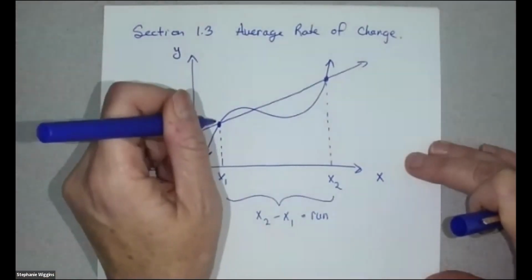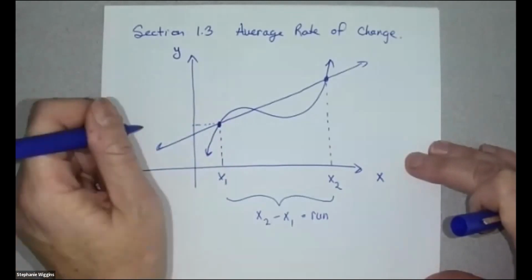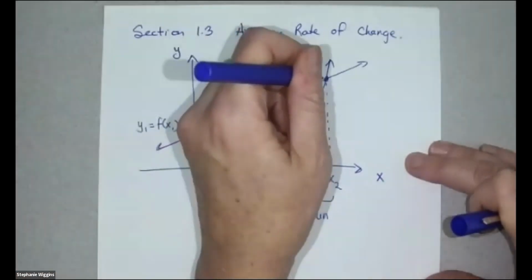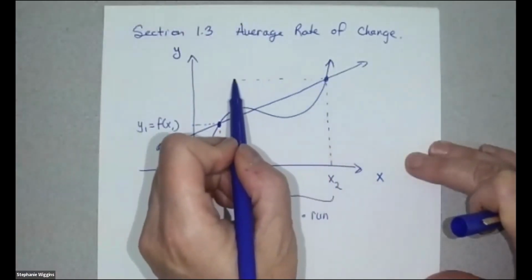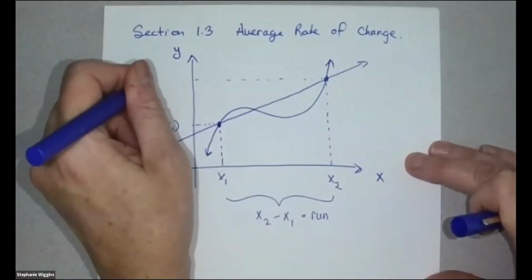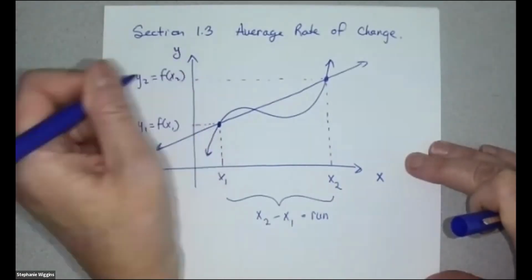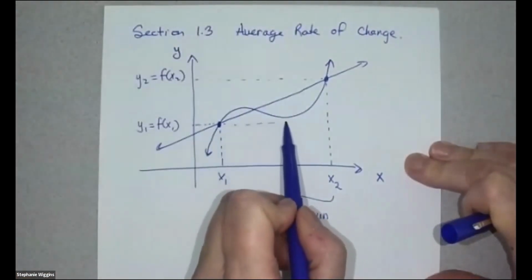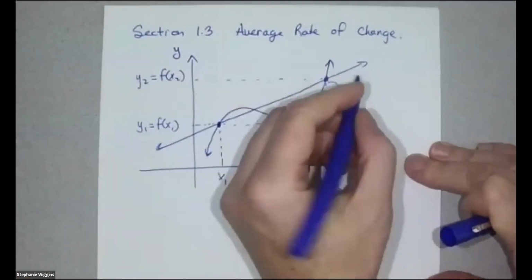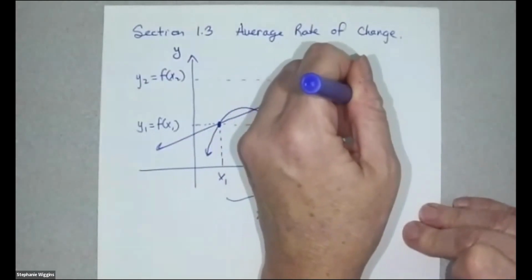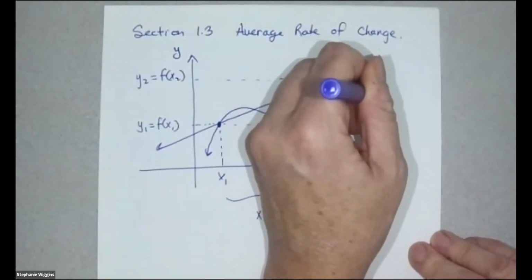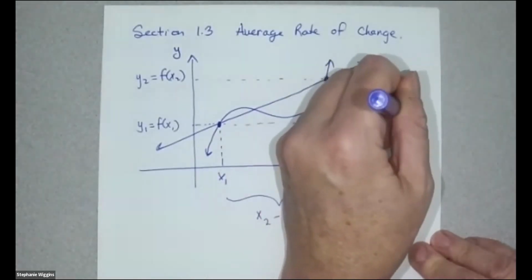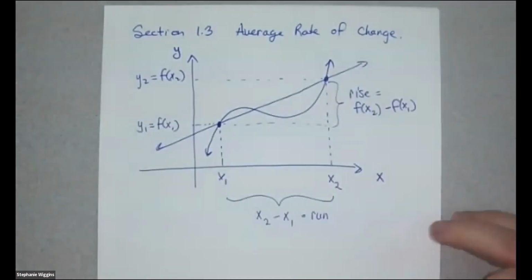And the change in y would be from here. That's y1, which is equal to f of x1. And over here, y2 equals f of x2. So from here to here is the rise. And the rise is equal to f of x2 minus f of x1.